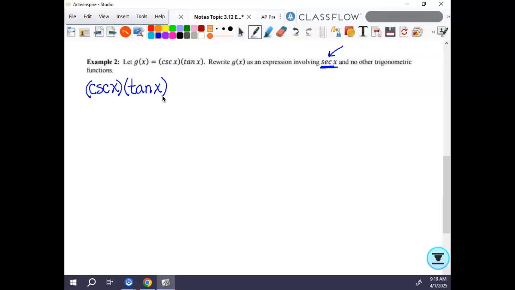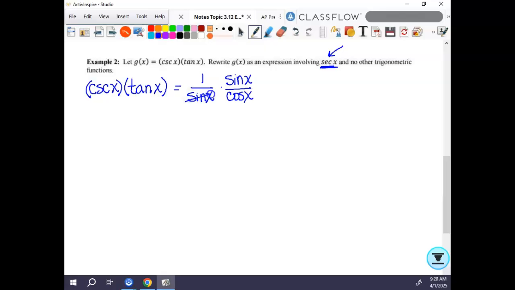So how can I rewrite cosecant in terms of sine or cosine? 1 over sine. Good. So this is going to be 1 over sine of x. And then how can I rewrite tangent? Sine over cosine. Good. So sine of x over cosine x. And then do you see something I can cancel out?